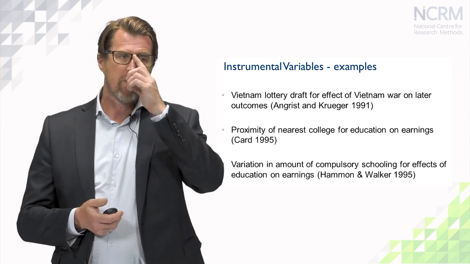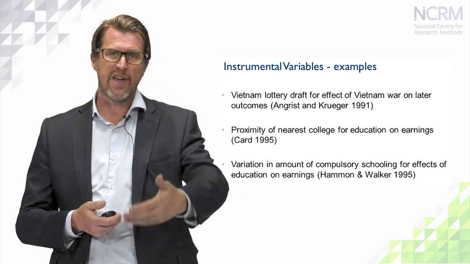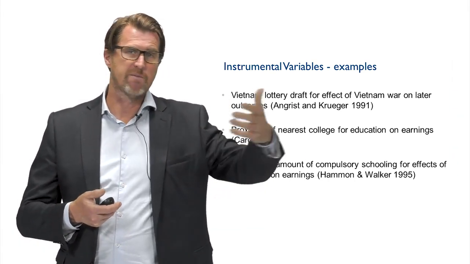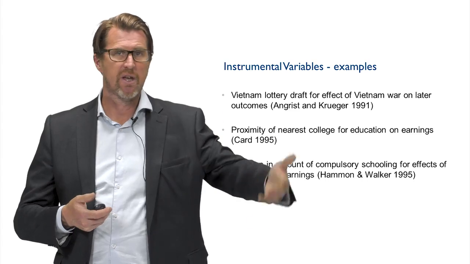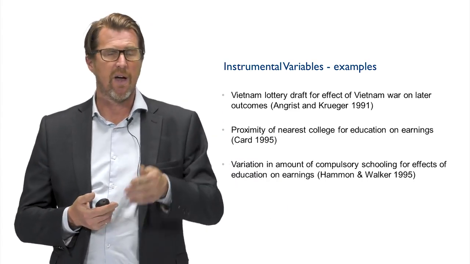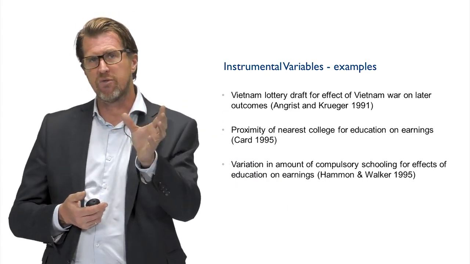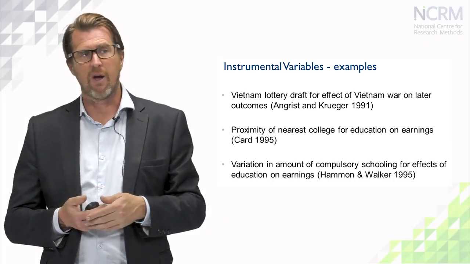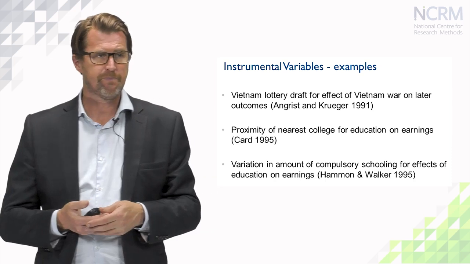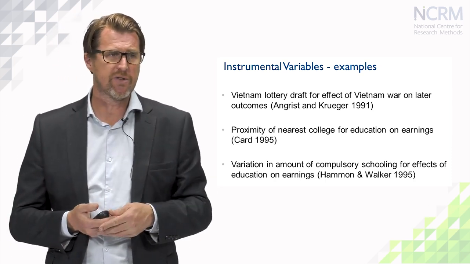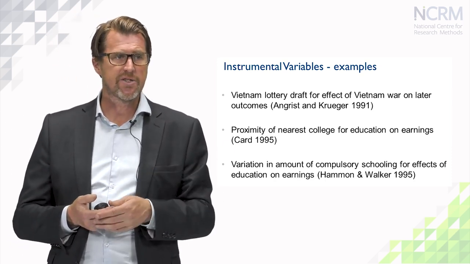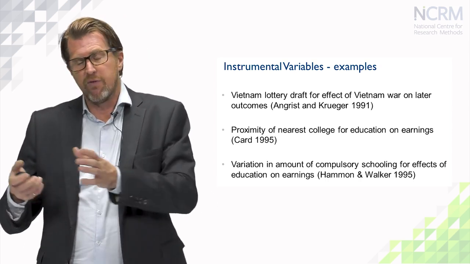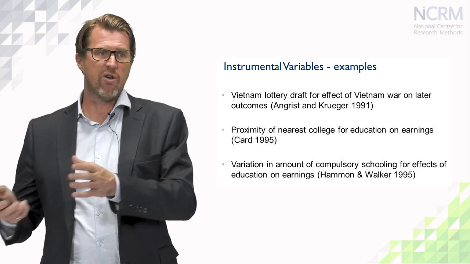So if you want to assess the effect of going to Vietnam on later outcomes like your earnings, your education, your mental health and so on, then you can use that initial lottery draft as an instrument for going to Vietnam War.